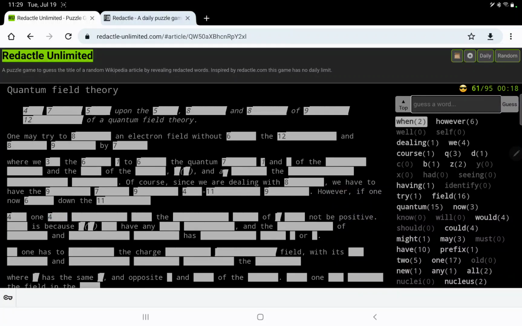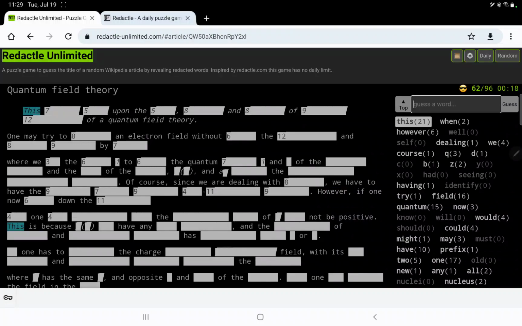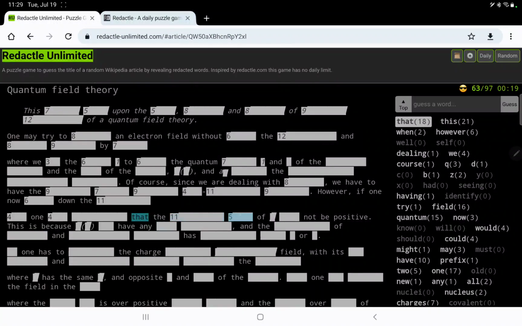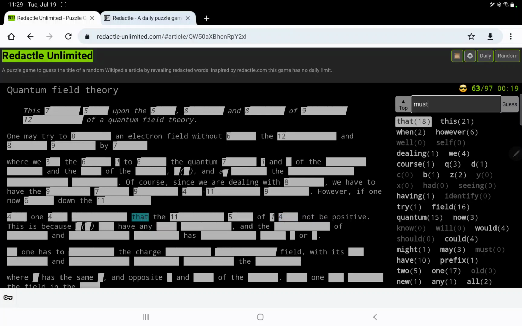When one, this one, that one, that the 11.5 of must, no, I did must, what is that 4-letter word before not be positive?